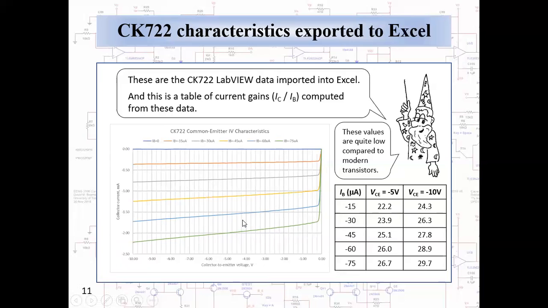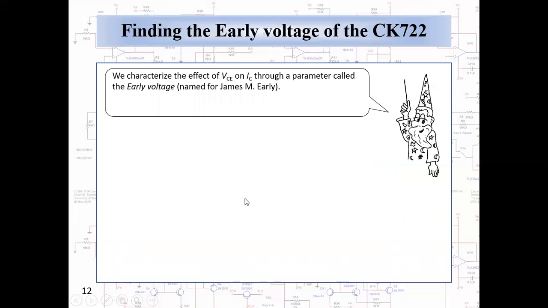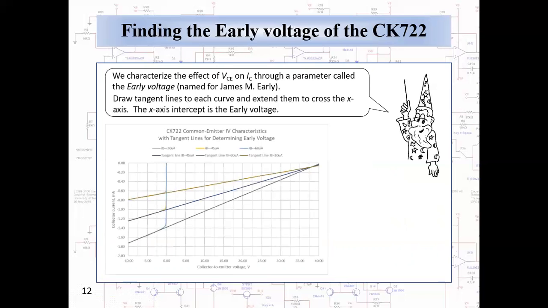This is a phenomenon called base width modulation, and it's characterized for modeling of the bipolar transistor with a parameter called the early voltage, which was named for experimenter and engineer James M. Early. To find the early voltage, you draw tangent lines to each curve and extend them to where they cross the horizontal x-axis.